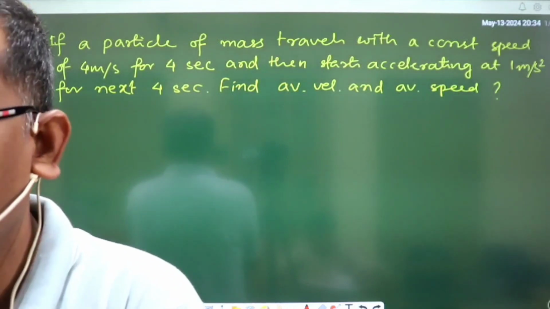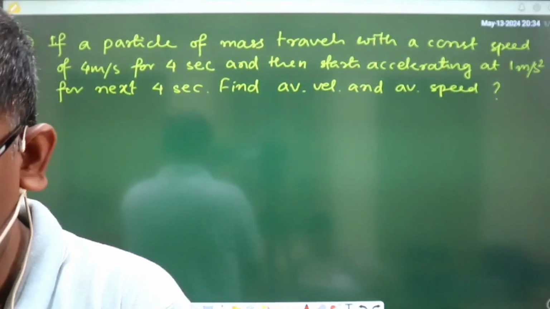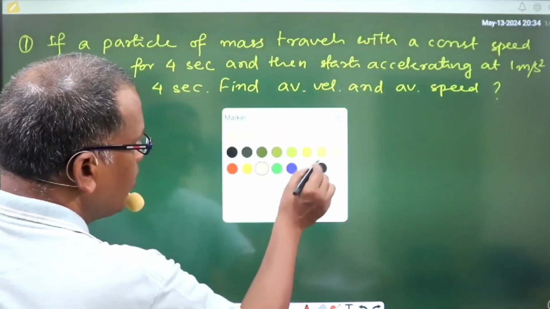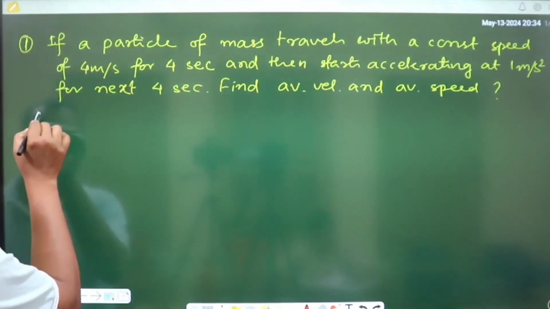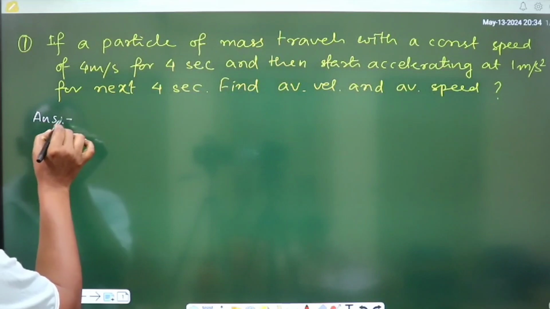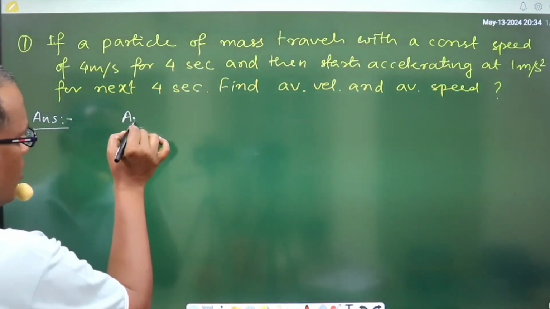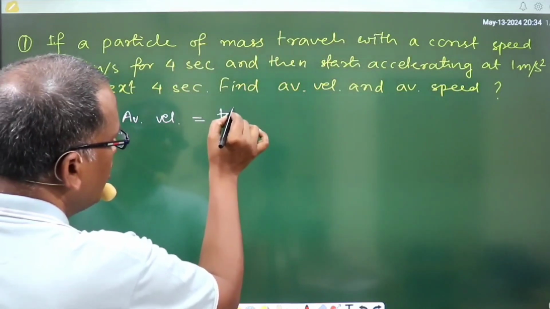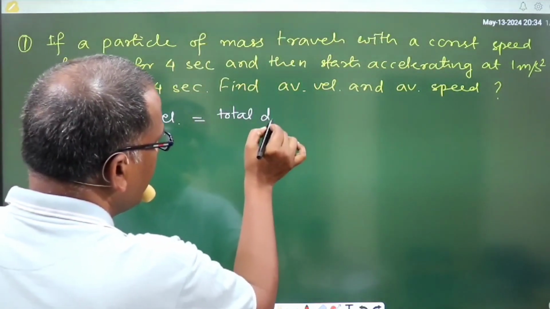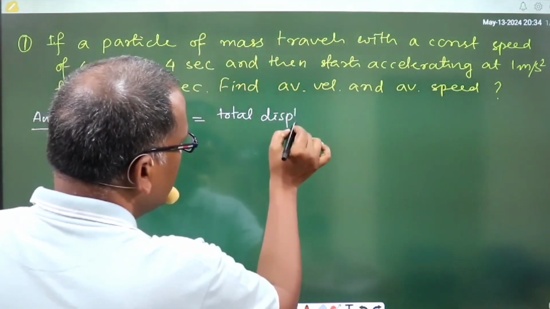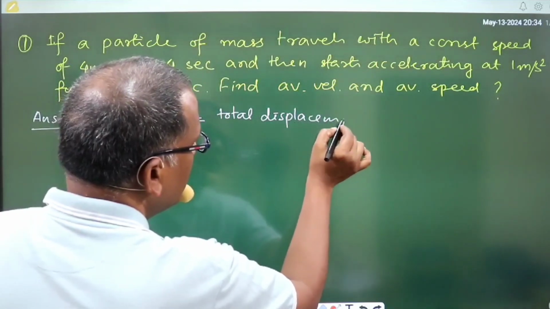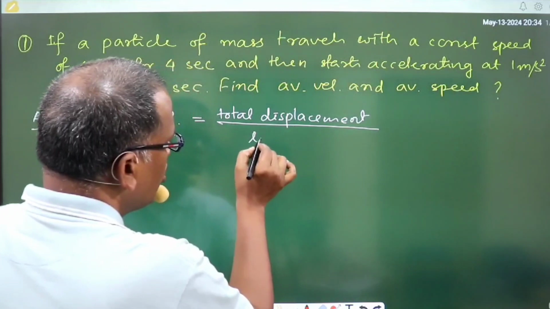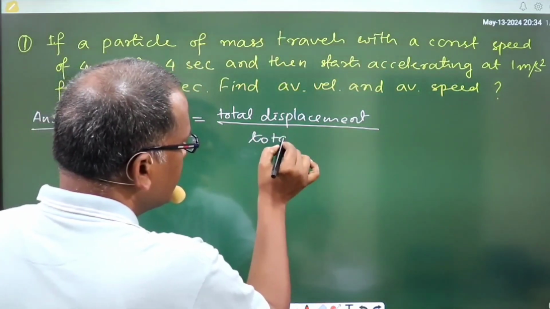So average velocity will be total displacement by total time taken, right?